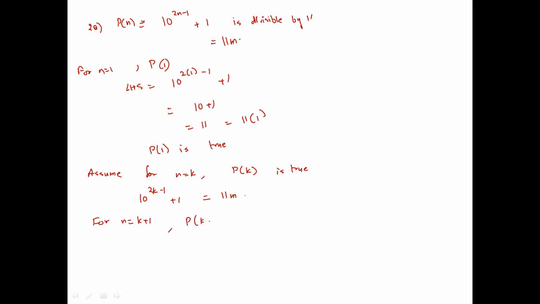When we consider P of k plus 1, I will take the LHS, that is 10 power 2(k+1) minus 1, plus 1. If you simplify this LHS further, you can write it as 10 power 2k plus 2 minus 1, plus 1, or you can write 10 power 2k plus 1, plus 1.